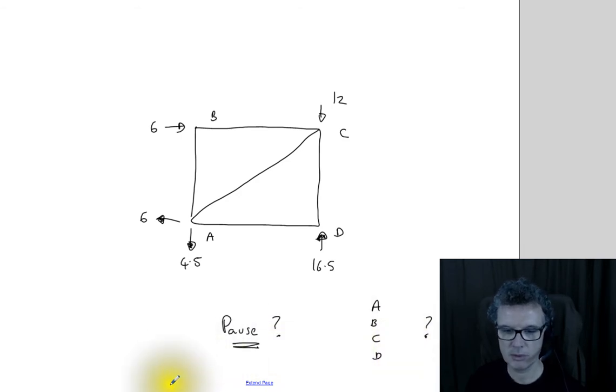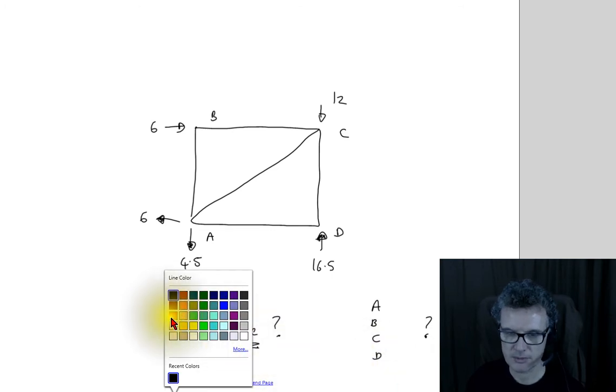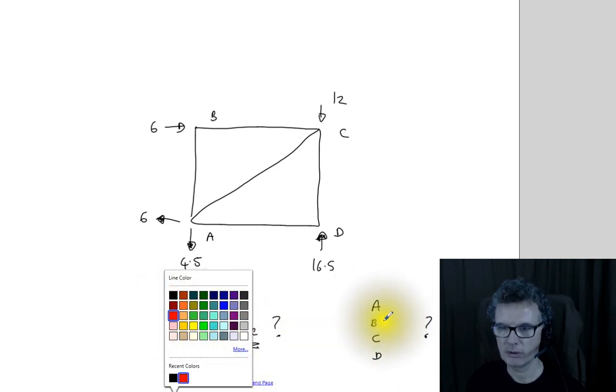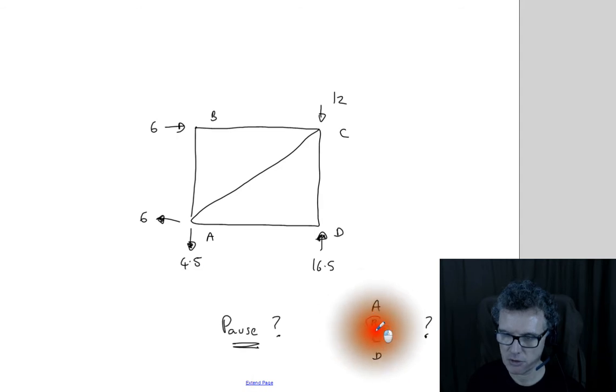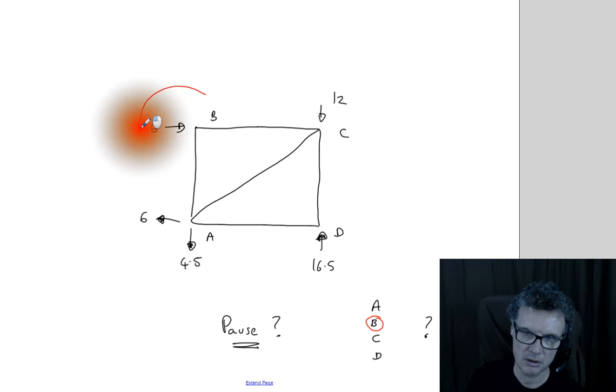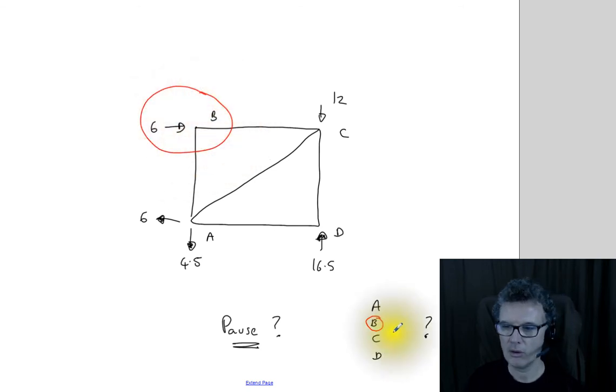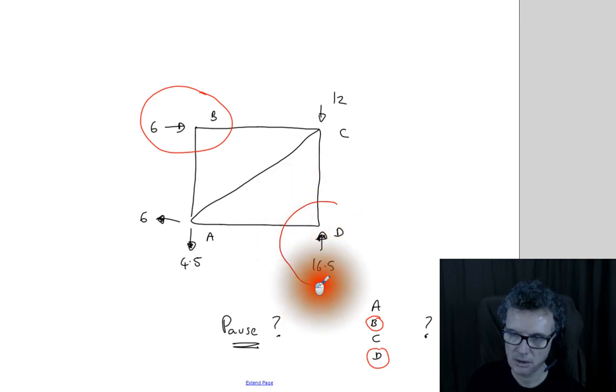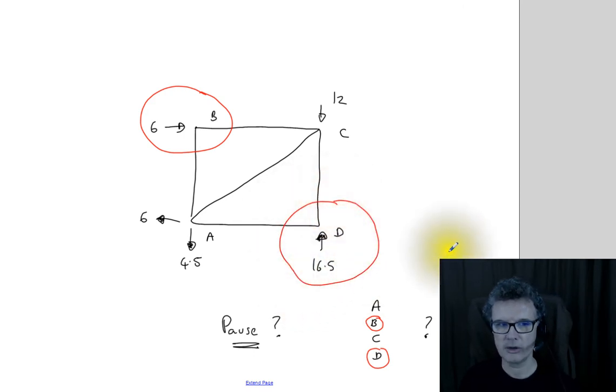There's 2 possible right answers. So the first one is that you're going to take method of joints at B. So we could take method of joints here. Or we could take method of joints at D.